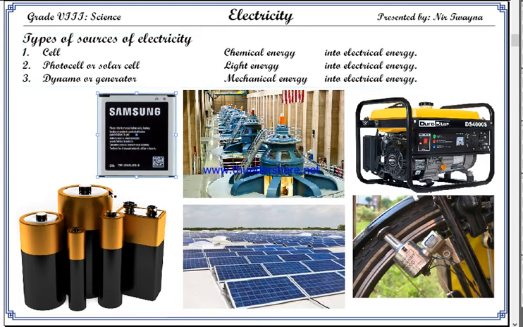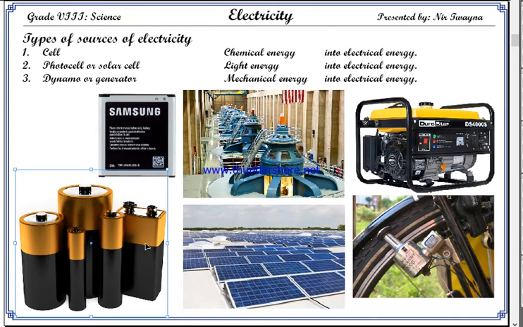Some of the examples you can see in the picture. This is a mobile battery, isn't it? A battery is a collection of cells. This is a mobile battery, perhaps the most favorite battery in the whole world. These are some other cells which are available in different shapes and sizes, and based on their shape and size they provide different amounts of potential as well.